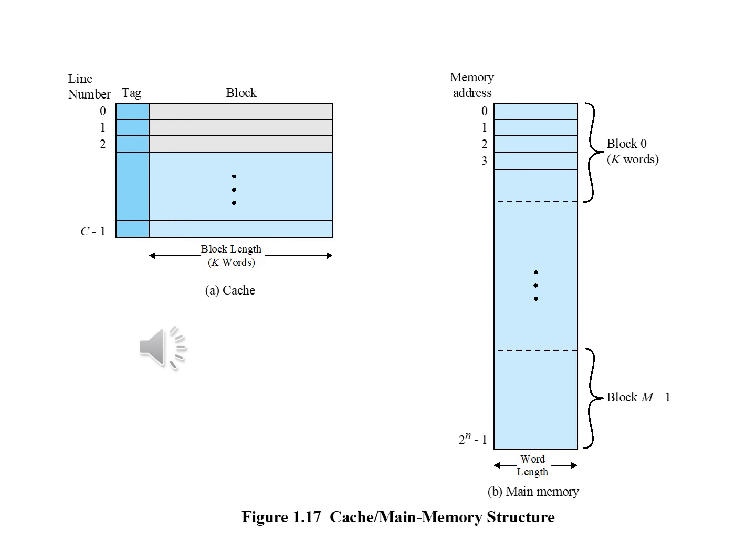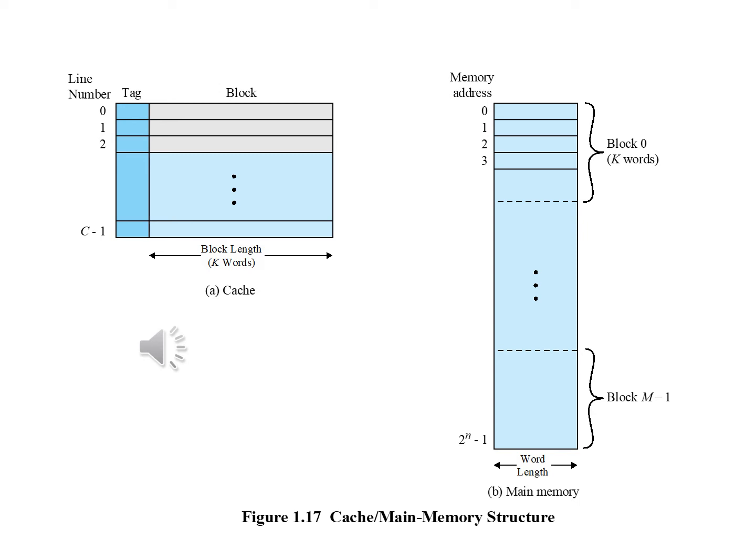This figure depicts the structure of a cache main memory system. Main memory consists of up to 2^n addressable words, with each word having a unique n-bit address. For mapping purposes, this memory is considered to consist of a number of fixed-length blocks of k words each.